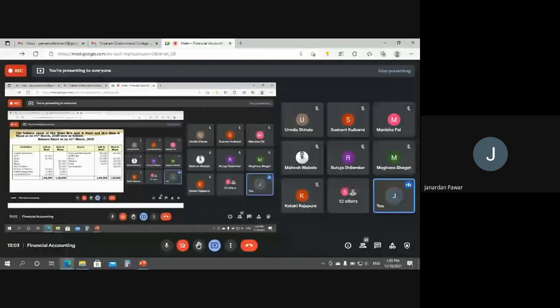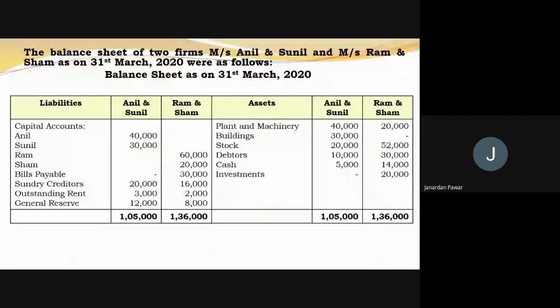Then bills payable is rupees 30,000 of Ram and Sham. Then sundry creditors of Anil and Sunil rupees 20,000 and Ram and Sham rupees 16,000. Then outstanding rent rupees 3,000 of Anil and Sunil and rupees 2,000 of Ram and Sham.